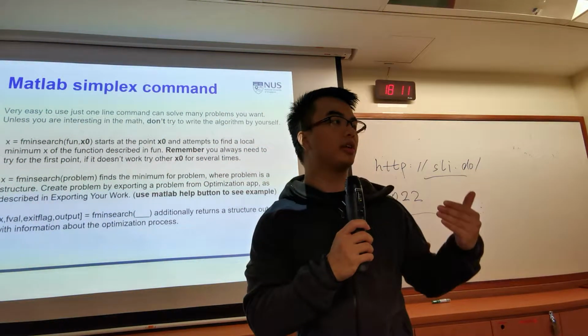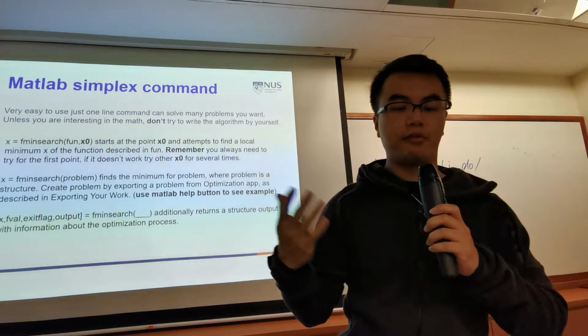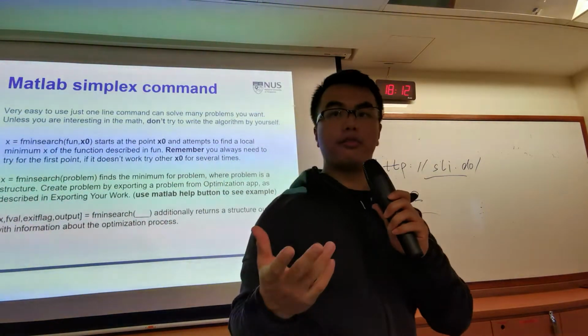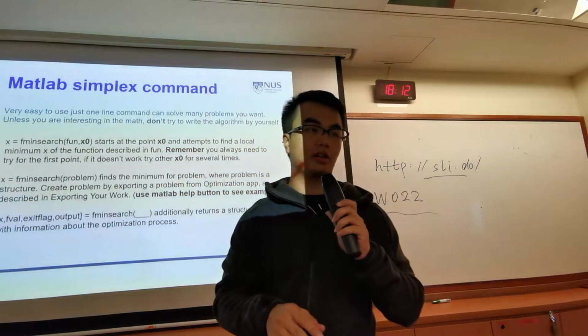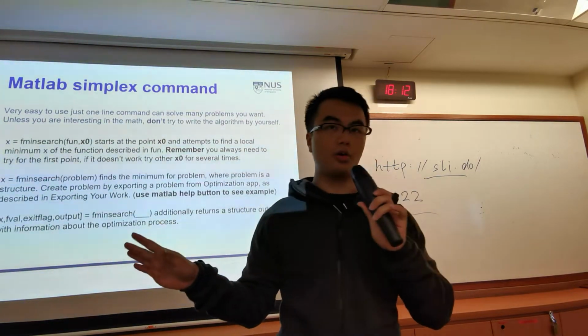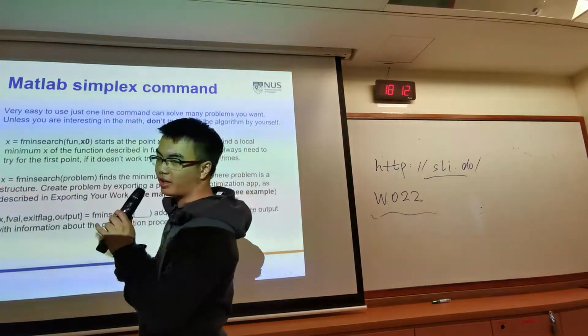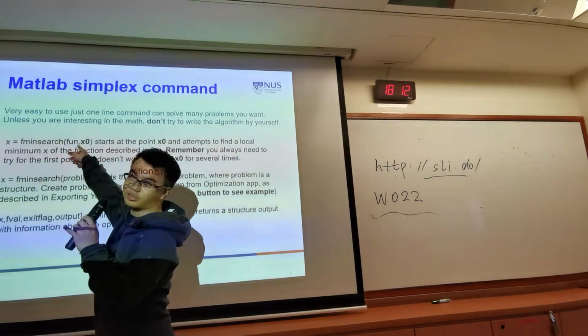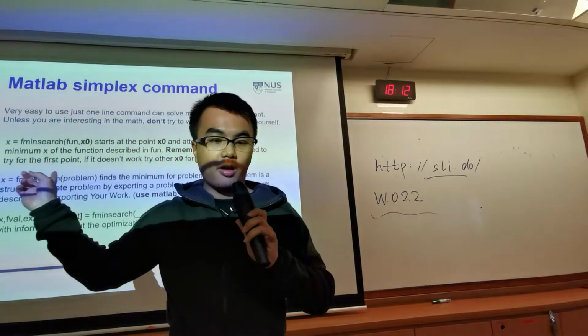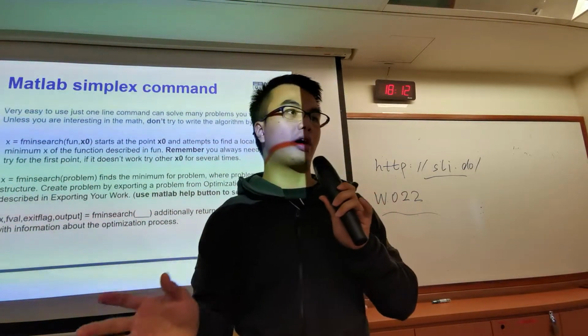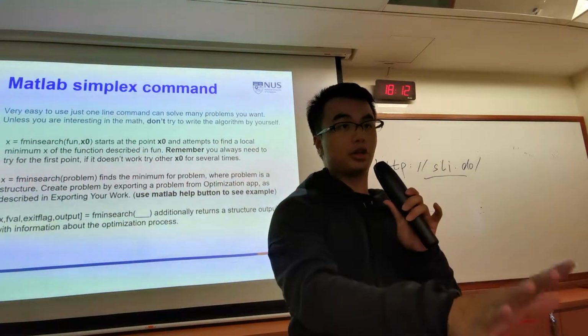That is the most important step. After you have found your objective function, you write the function inside Matlab with the function code, and maybe you name it function 1. Then you just write function 1 here. Then fminsearch will know you are trying to find the optimal point for function 1.